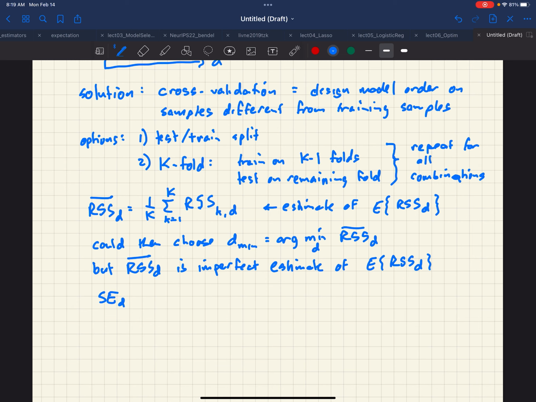It's the square root of the unbiased sample standard deviation, computed like that.